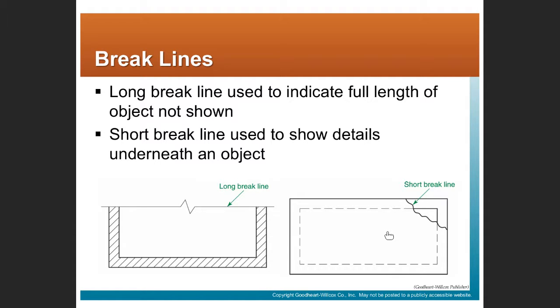Again, we have to do things like this because we're generally dealing in 2 dimensions, right? We have a 2-dimensional drawing, but we might want to show some features that are above or below the plane of the drawing. So that's what we do with this short break line, and that's what we'll see in a minute with the hidden line.